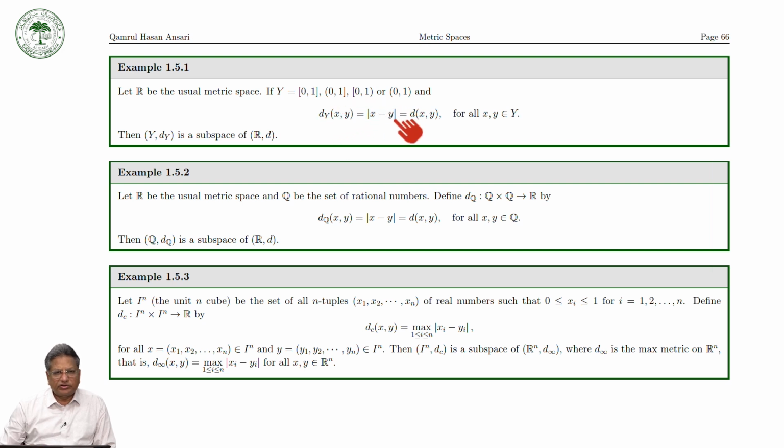If you consider only this portion, then you will see that this is nothing but the usual metric on R, d(x, y). So d(x, y) is the same as d_Y(x, y) for all x, y in Y, and therefore this d_Y is a metric on these sets.